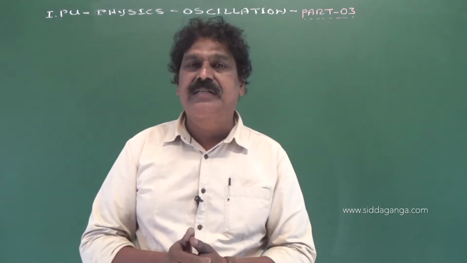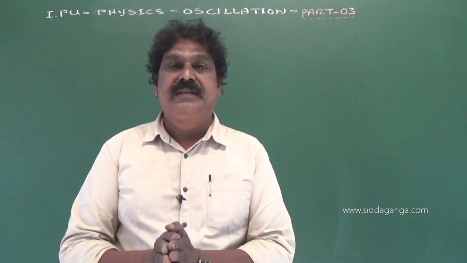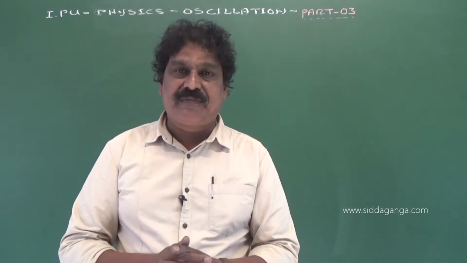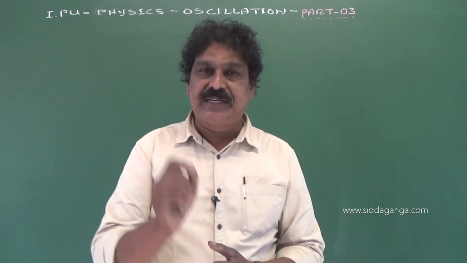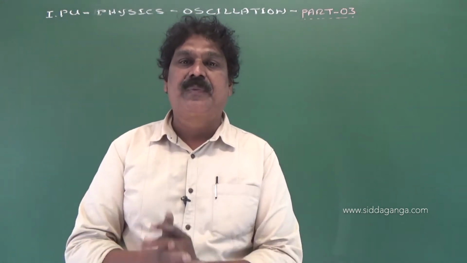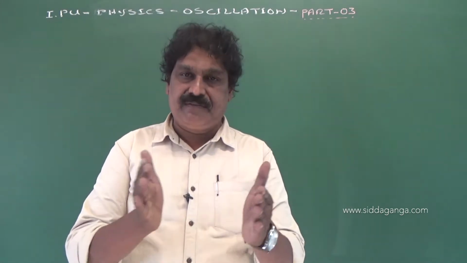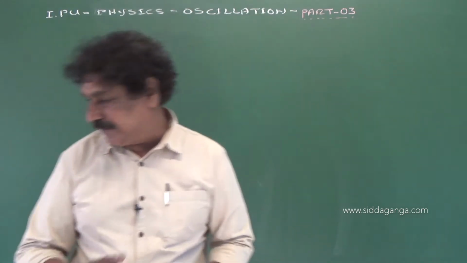Oscillations and vibrations are called harmonic motions because they can be expressed in terms of harmonic trigonometric functions such as sine function and cos function. Therefore, here onwards we call oscillation and vibration as harmonic motions.